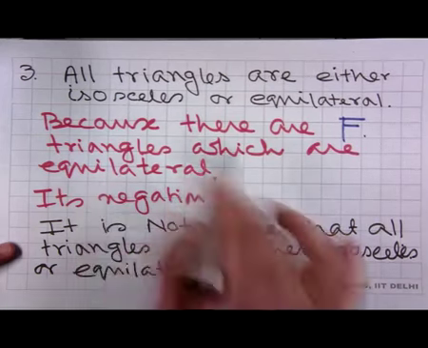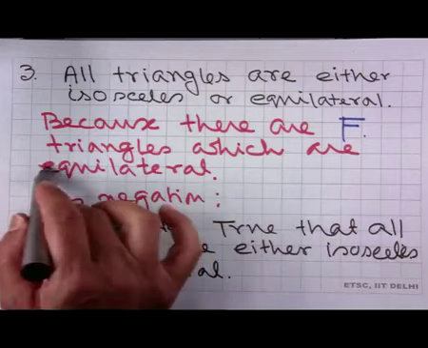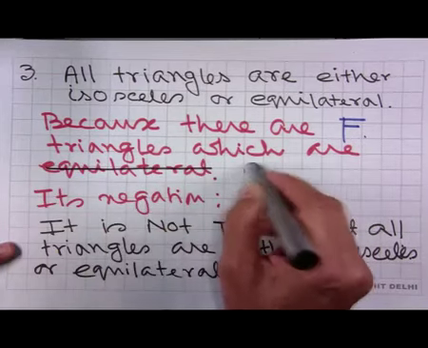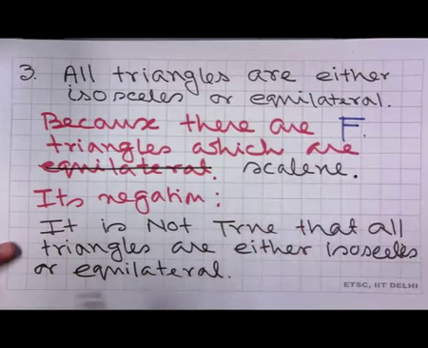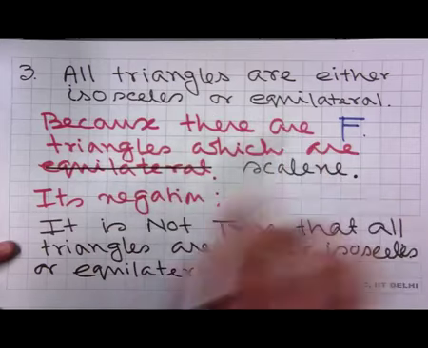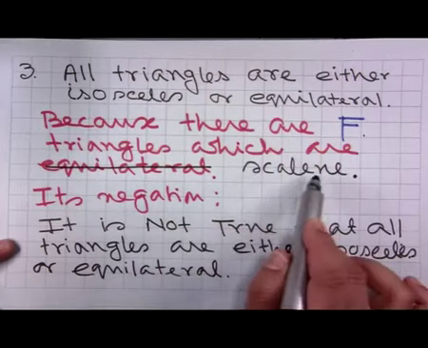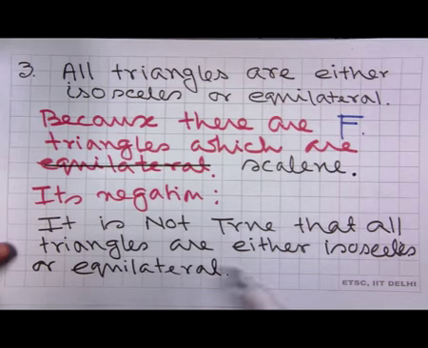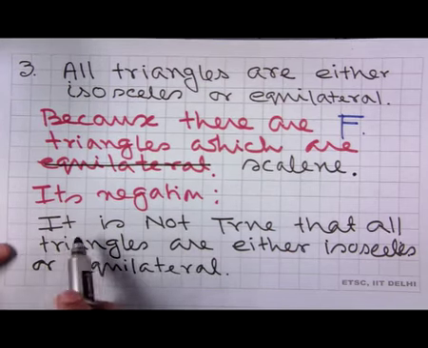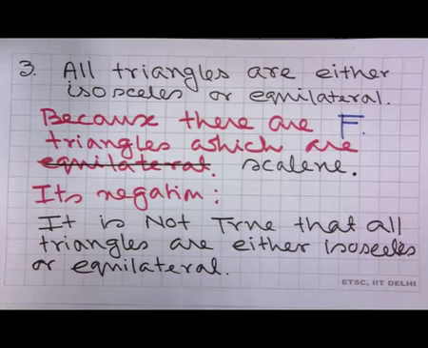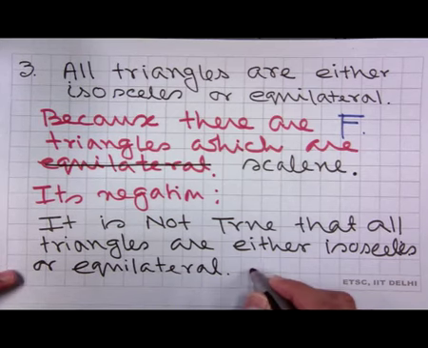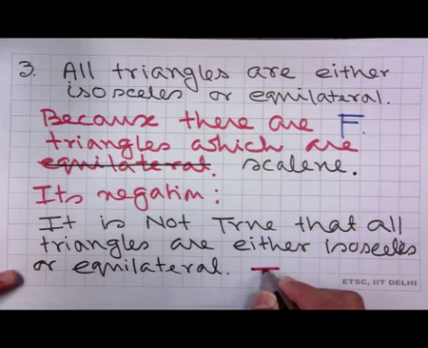I made a mistake here, which are scalene. The original statement is false, because there are scalene triangles also. So, the negation is, it is not true that all triangles are either isosceles or equilateral, and this is going to be true, because there are scalene triangles.